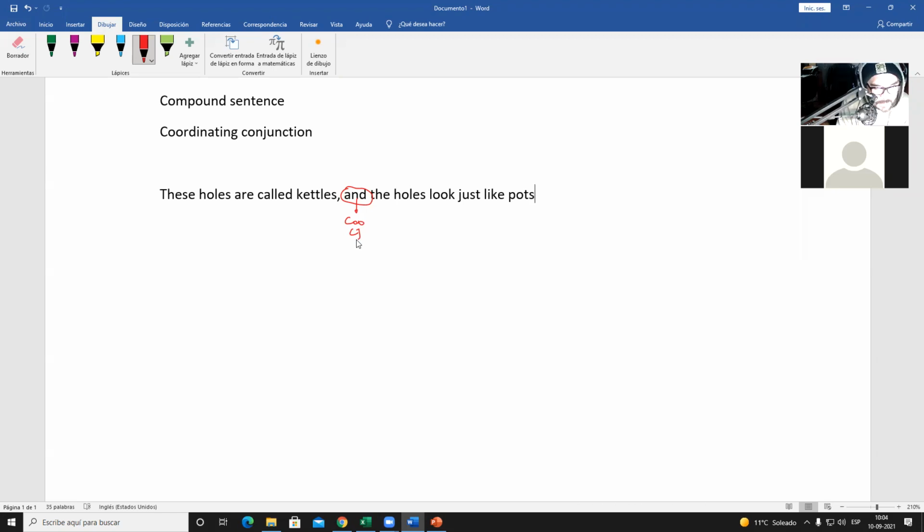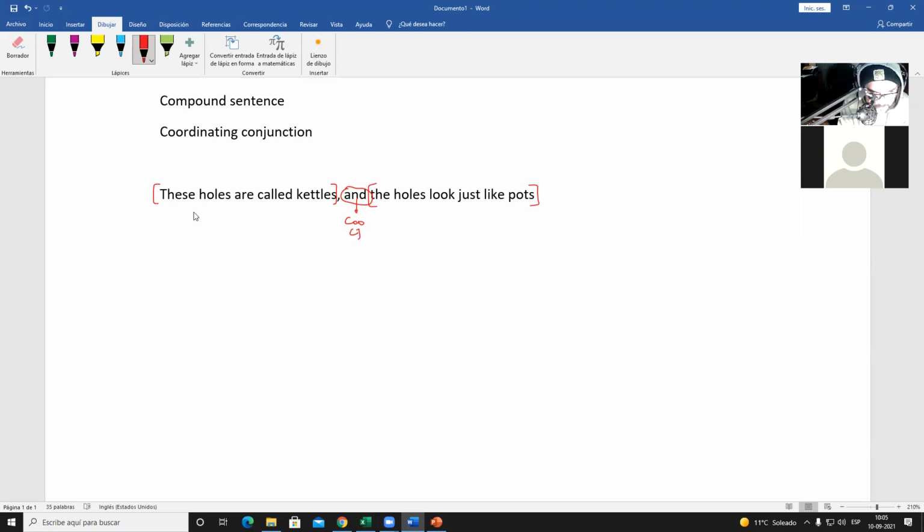Clearly, that coordinating conjunction is linking two different independent clauses. So it's linking this with this, right? I'm going to change a little bit the way in which I'm going to analyze this.